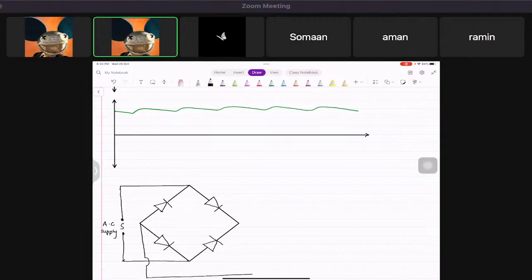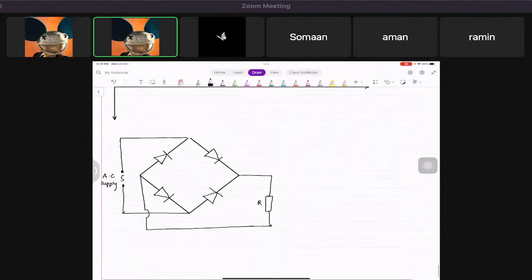And then what we do is, it's the same bridge rectifier, but this time, so that's the resistor, and here, so this is the bridge rectifier. In parallel with this resistor, we put a capacitor.